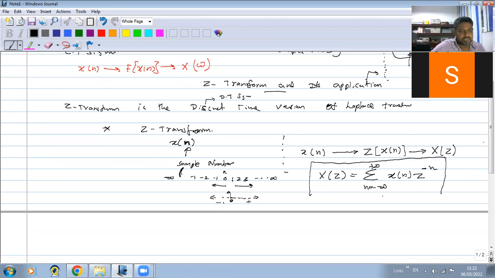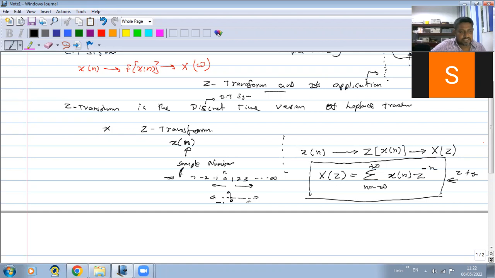You can see that this x[n] is a time series, a discrete time domain signal, and now we have converted it to the Z domain.